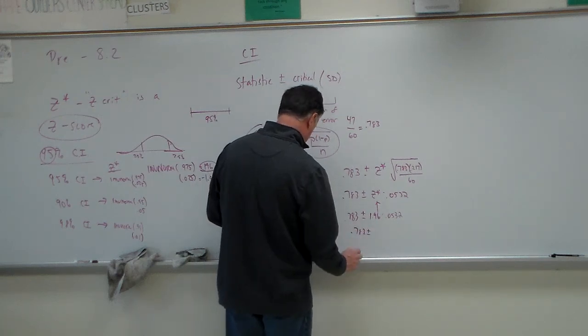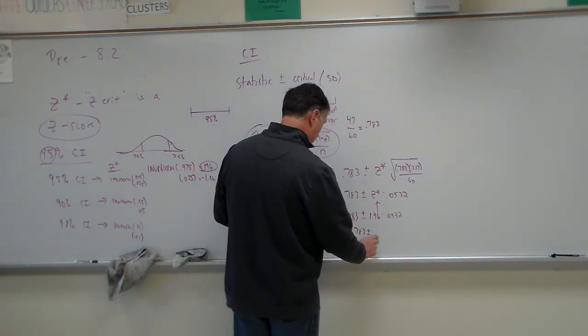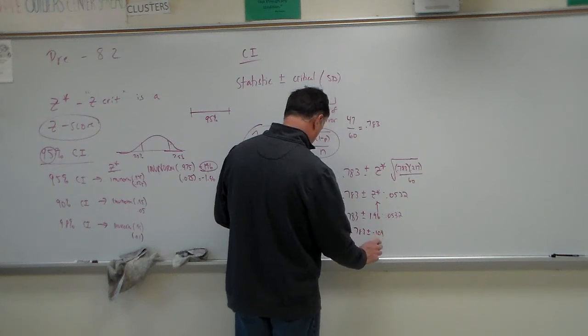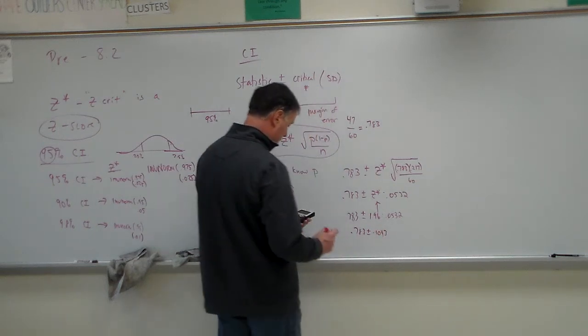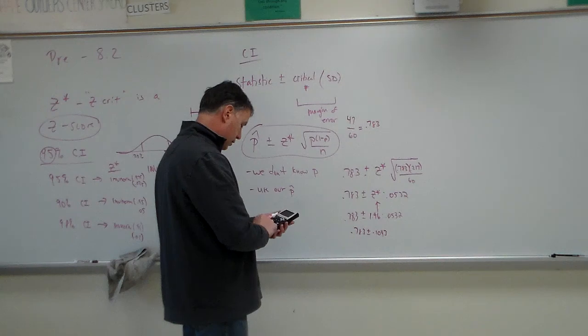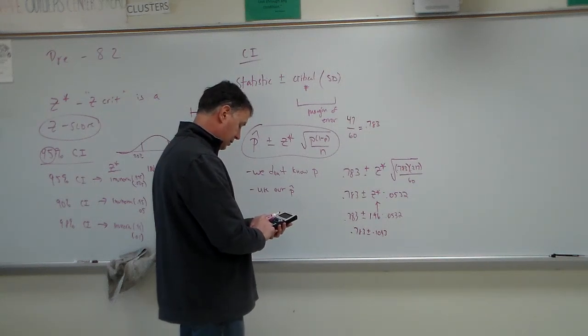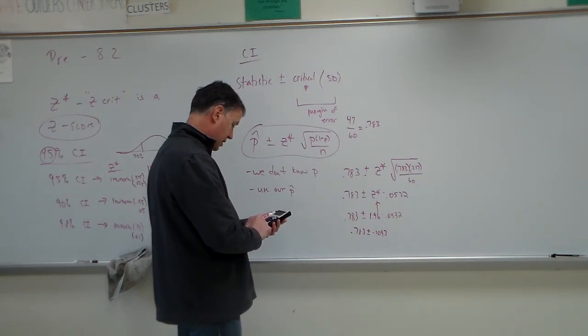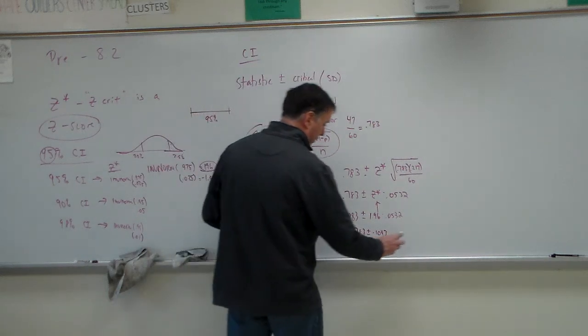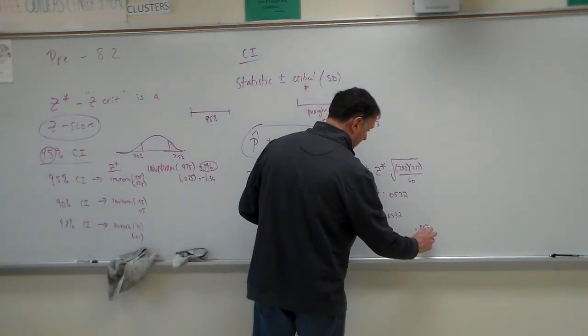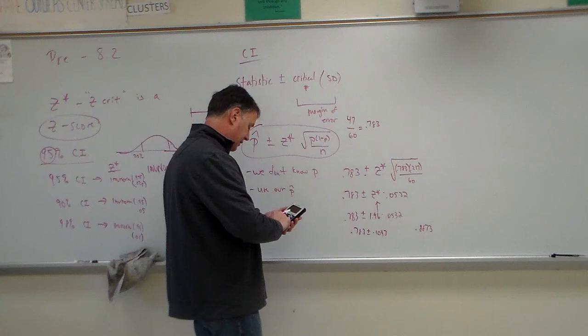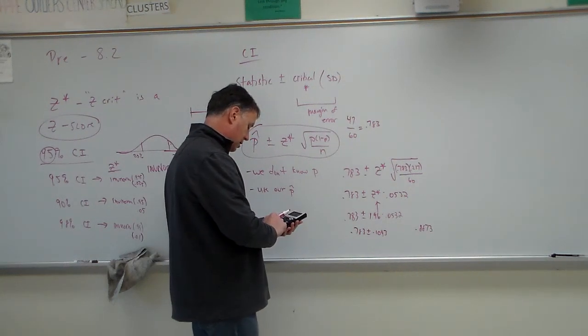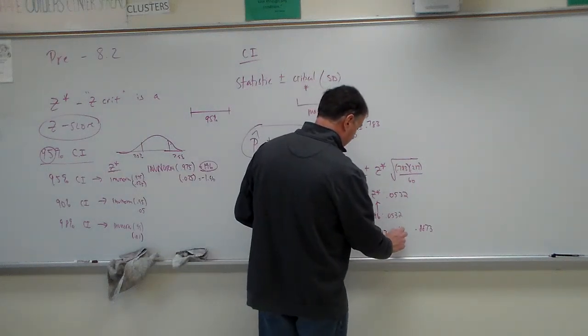And I get 0.783 plus or minus 0.1043. So if I do 0.1043 plus 0.783, I get 0.8873. And if I do 0.783 minus 0.1043, I get 0.6787.